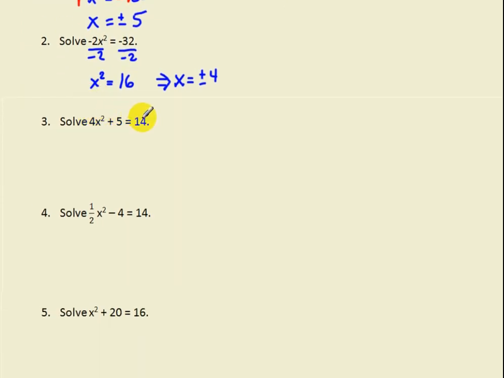Okay, number 3. Solve 4x squared plus 5 equals 14. So here we have a couple of steps to take. We have a multiplication and an addition. Working backwards, we want to undo the addition first. So we'll subtract 5 from each side, and we get 4x squared equals 14 minus 5, which gives us 9. Then divide by 4, and we get x squared equals 9/4.